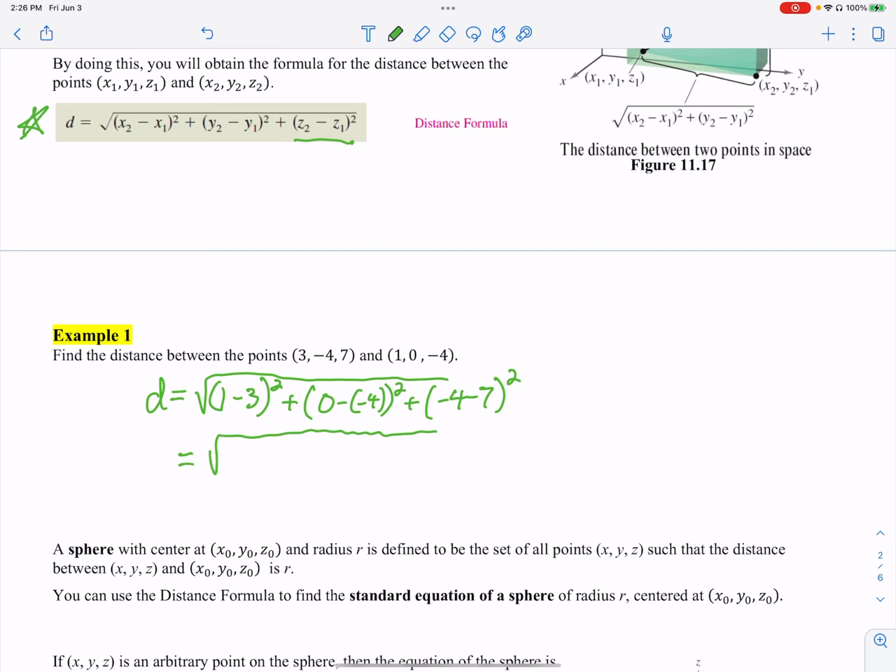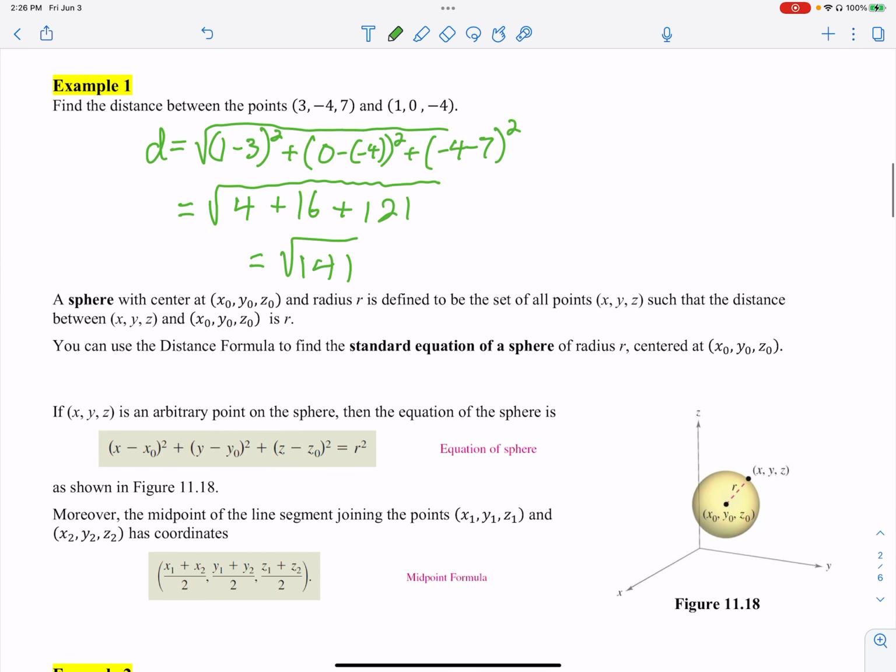So inside we get 4 after I subtract and square, plus 16, plus 121. That is the square root of 141. You can leave it there. That's perfect, unless they ask for an approximation. So there is my distance between those 2 points in 3 space.